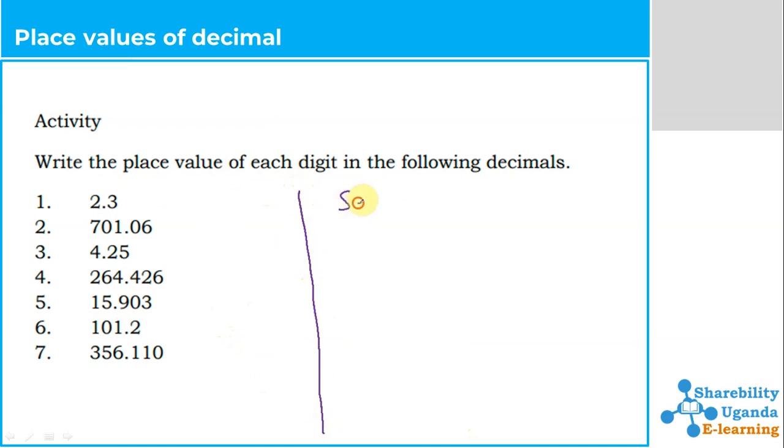Okay, so we can say our solution number 1. Now we have 2 point 3. They want us to write the place value of each digit. So we said that when we have a number where there is a point, this one starts from ones.